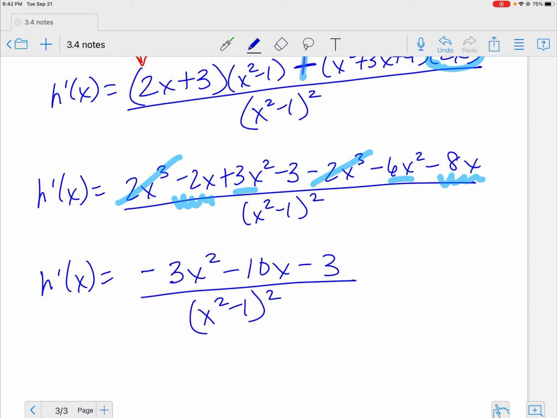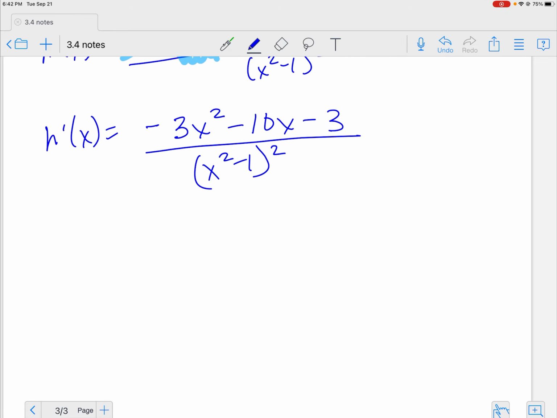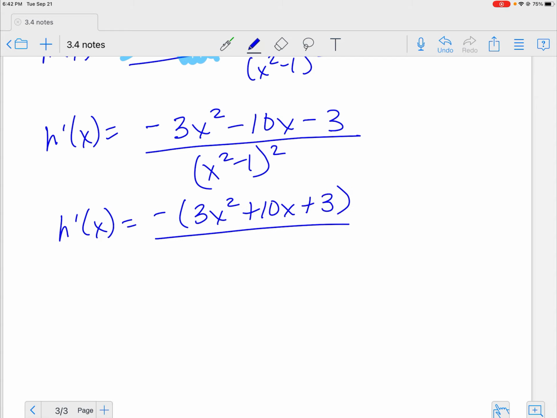All right. If you can simplify, then we want to try to simplify. If at all possible, then we want to look at that. So let's see if we can. Sometimes it makes it nice because you want to see if there's some x squared minus 1 that you can cancel out, right? Or an x plus 1, x minus 1 situation. So if I factor out a negative, I'm left with 3x squared plus 10x plus 3.